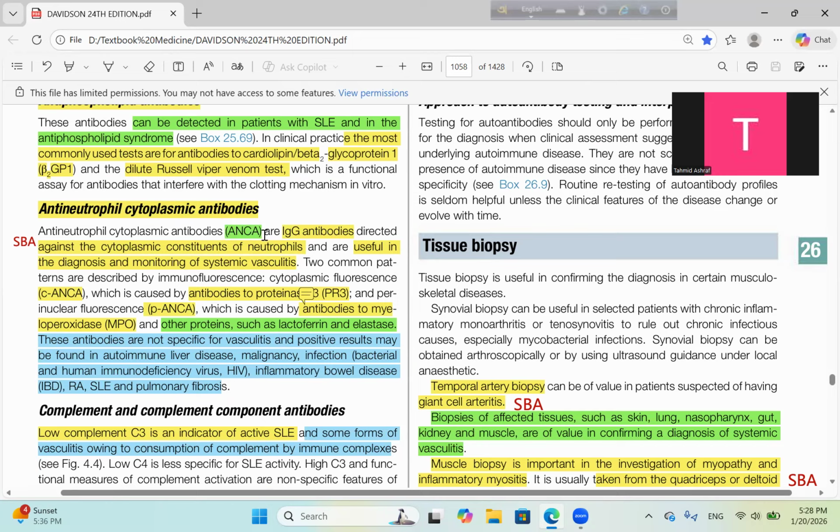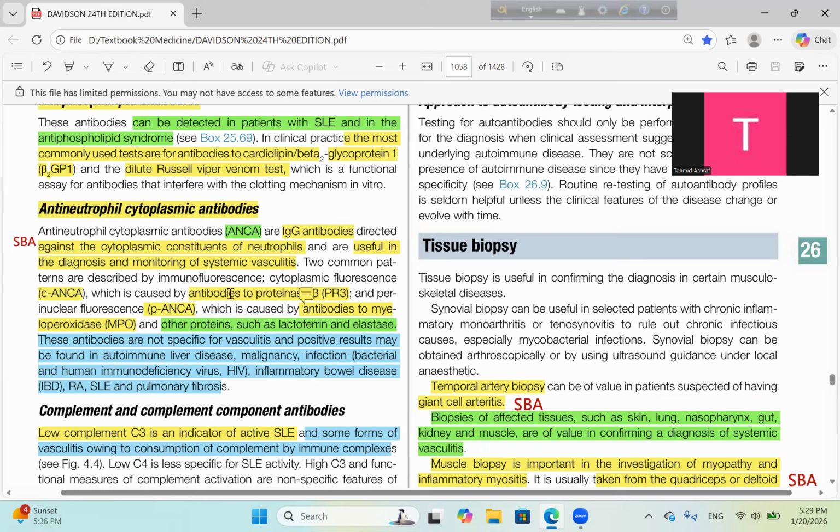These are antibodies against antigens in the cytoplasm of neutrophils. Neutrophils are one kind of WBC, white blood cell. In their cytoplasm, there are some antigens, and ANCA are antibodies produced against those antigens. ANCA are useful in the diagnosis and monitoring of systemic vasculitis, not localized. Try to remember. ANCA are useful in both diagnosis and prognosis of systemic vasculitis. Very important information for SBA.